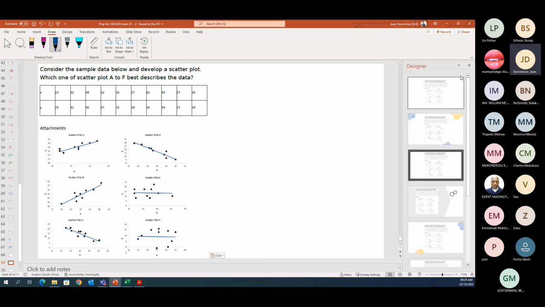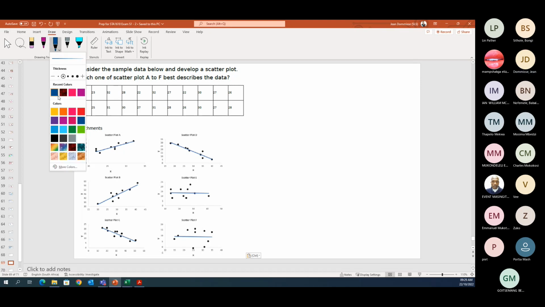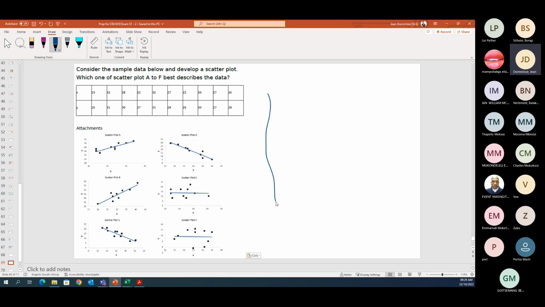Okay, so how I would do a question like this is I would, on a piece of paper, just, so that's y, that is x. So I would just roughly say, okay, we're going somewhere between 23 versus 30.